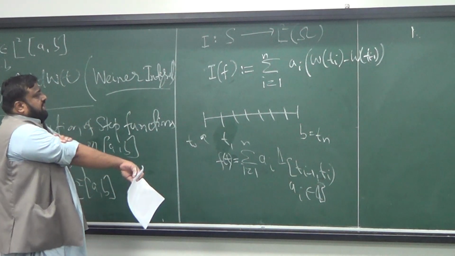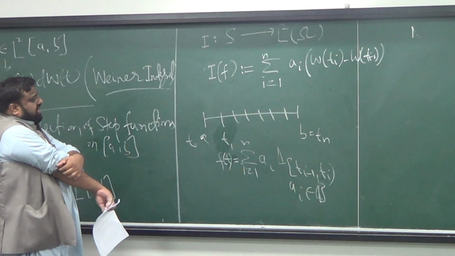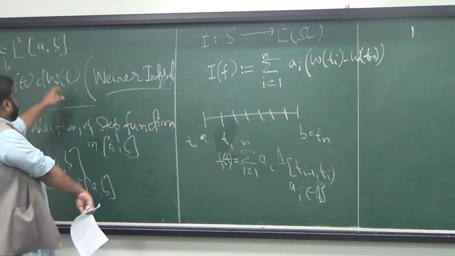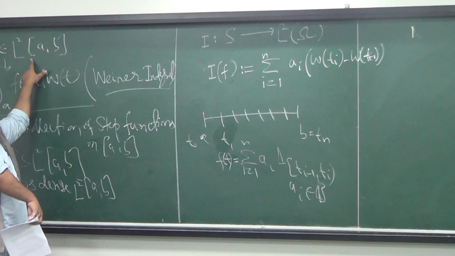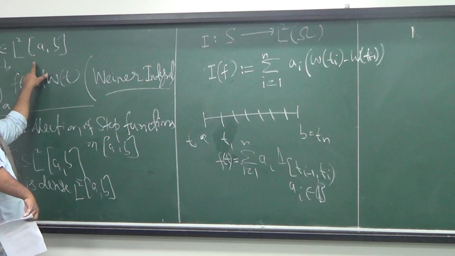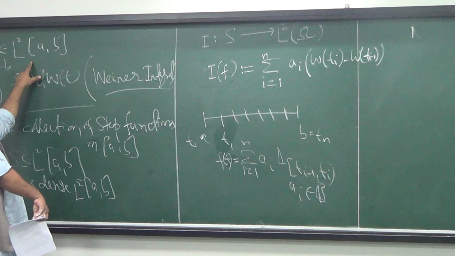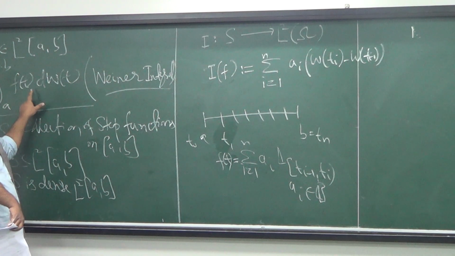Now the real question is, if I take an arbitrary function from L2[a,b], what would be the meaning of the Wiener integral for such a function?